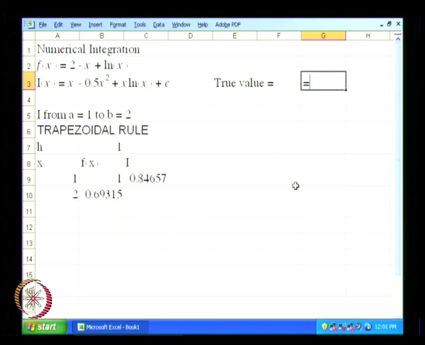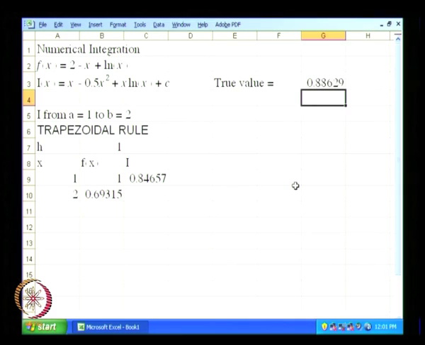So it is 2 minus 4 divided by 2, so that is x minus x square by 2 plus x ln x, that is 2 multiplied by ln of 2, okay, that is the value at b, minus the value at a, which is going to be 1 minus 1 square divided by 2 plus 1 multiplied by ln of 1. Okay.